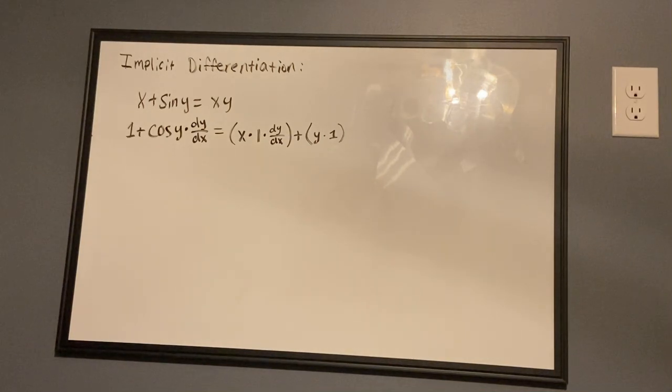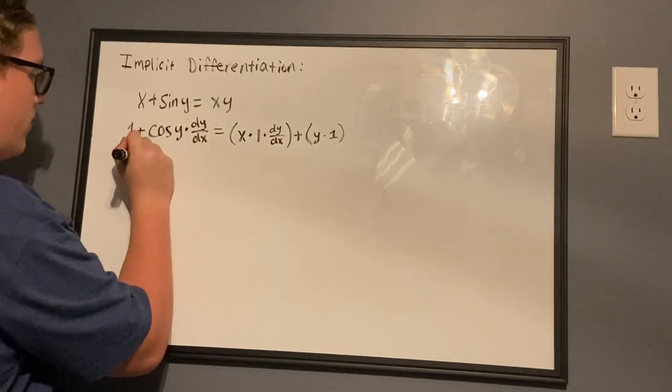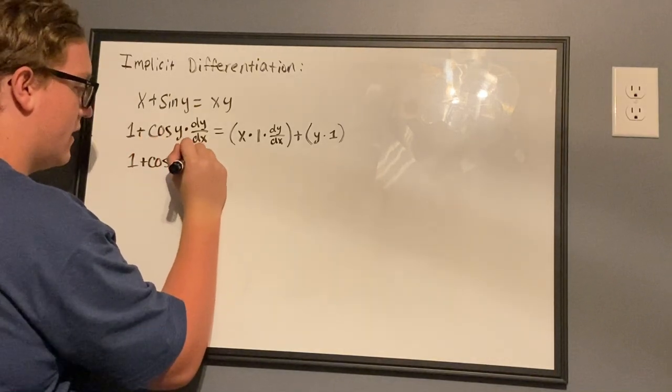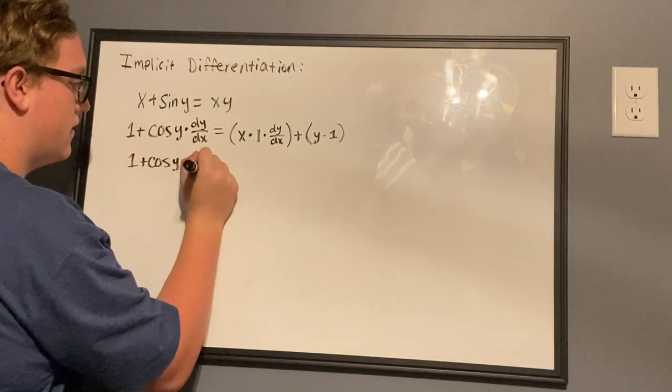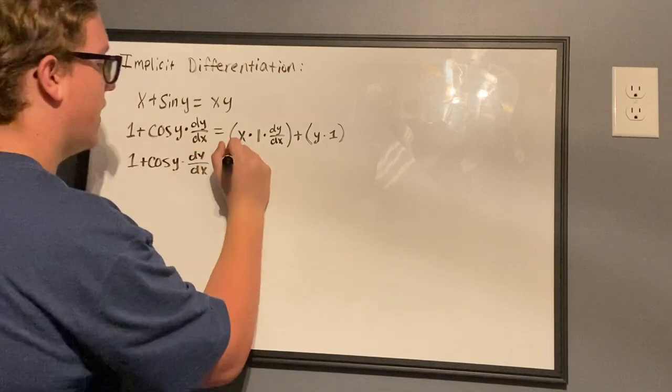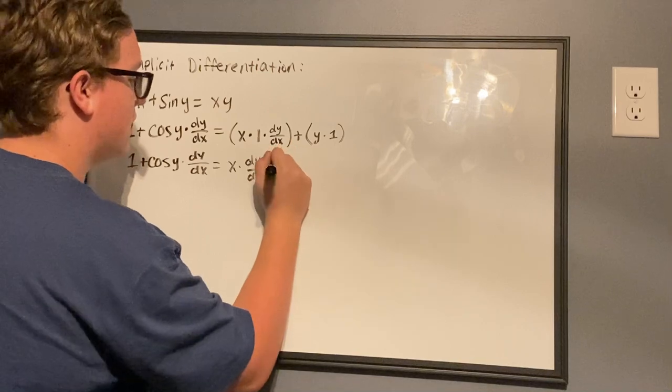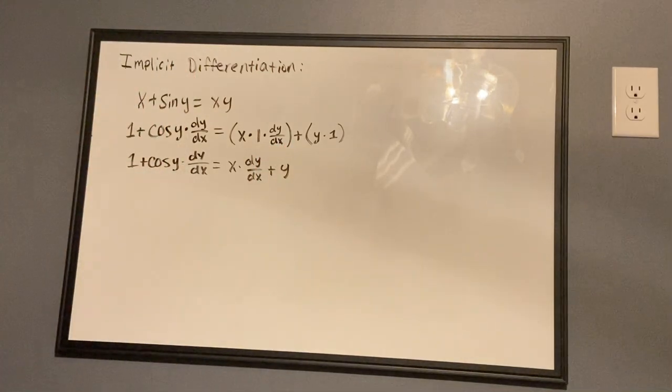It's not going to get multiplied by dy dx because we didn't take the derivative of it. We just left it alone. So now we have 1 plus cosine y times dy dx is equal to x times dy dx plus y.